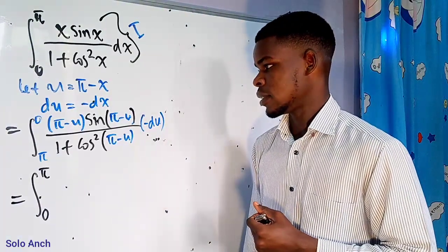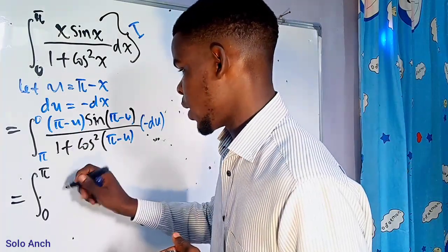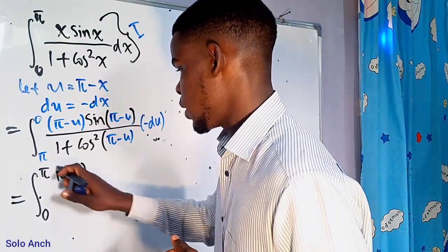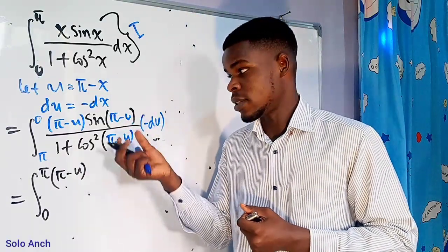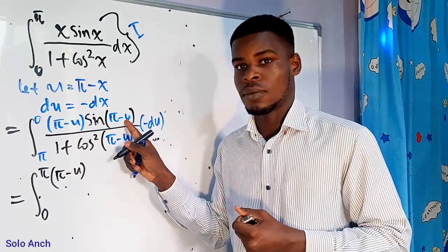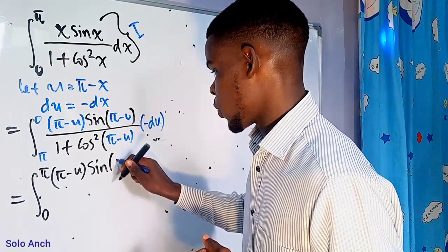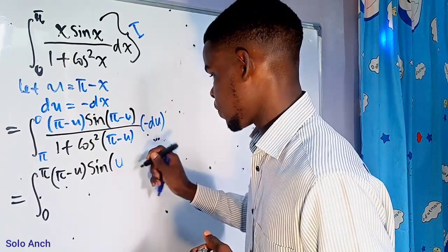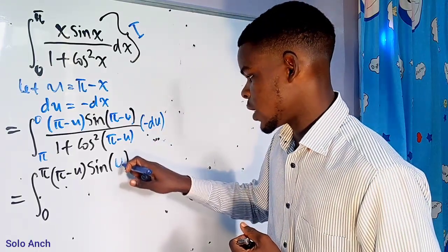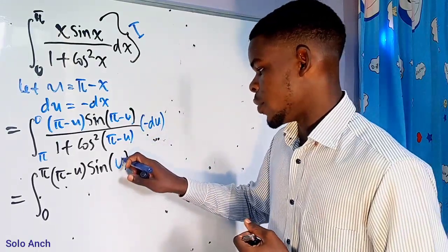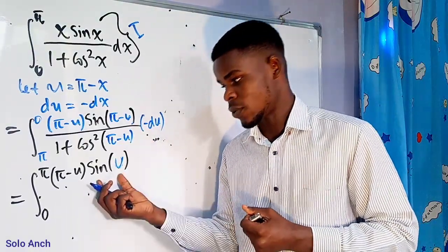All right, great. And now let's see. Well, notice that this is pi minus u. Now notice that sine of 180 minus an angle is positive sine of this angle, right? Yeah, that is true. Sine of that will give us positive sine of this angle, which is u. Whenever the angle is in the second quadrant and you subtract it from 180 degrees, the result will be the same as sine of that angle in the first quadrant.